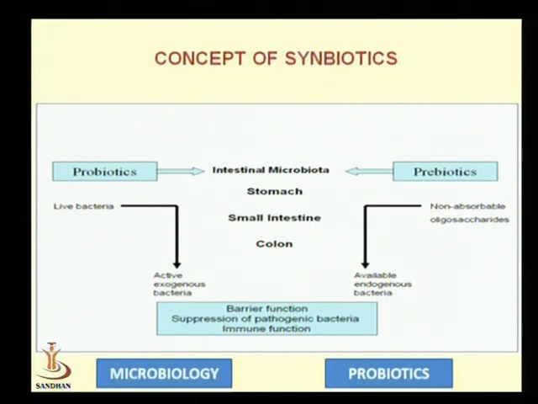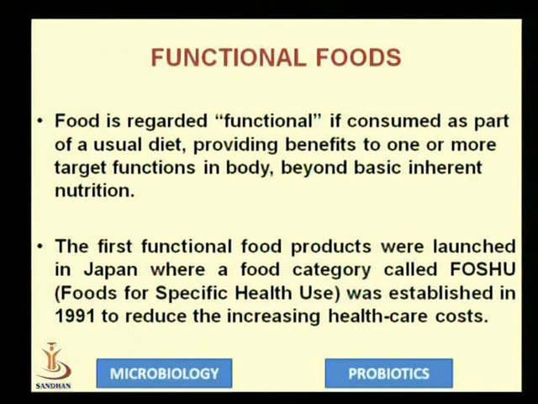Now friends, as we all know, most of these probiotics, prebiotics or synbiotics are taken along with food material. So if any food confers the usual function of diet, and besides this can also provide the benefit of one or more target functions in the body beyond its basic inherent nutrition, like therapeutic values, then that food is known as functional food.